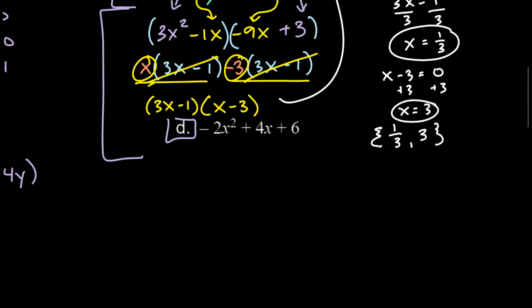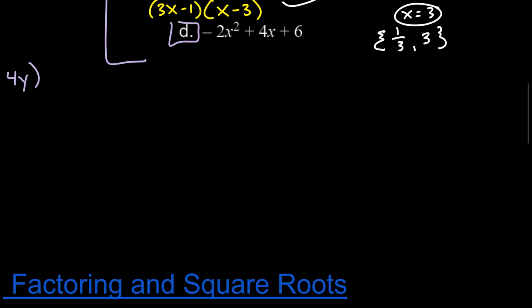All right. D, what did you guys get? Is it 3, negative 1? Yeah, right? Those are the right ones. That's right. Okay, good. 3, negative 1.